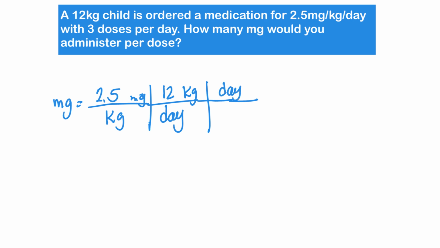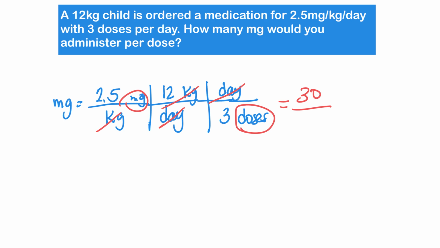So in one day, I'm given 3 doses. Let's check. Day. Here it is, milligrams per dose. So let's do some math. So 12 times 2.5 is 30, and divided by 3, and that equals 10 milligrams per dose.